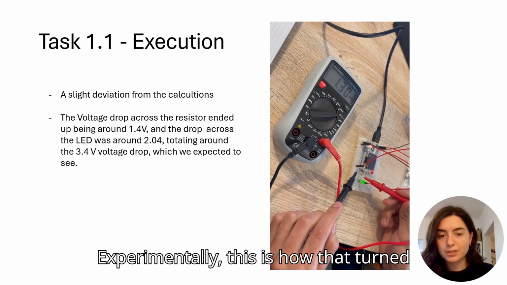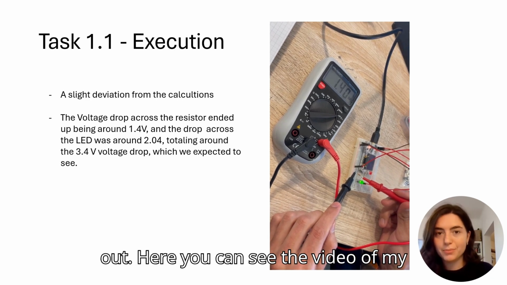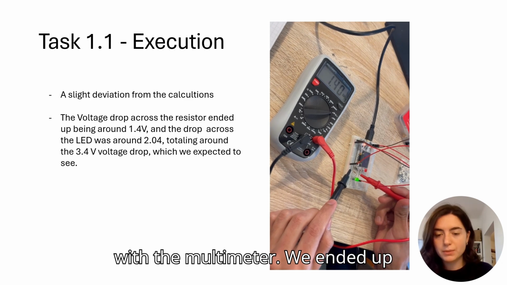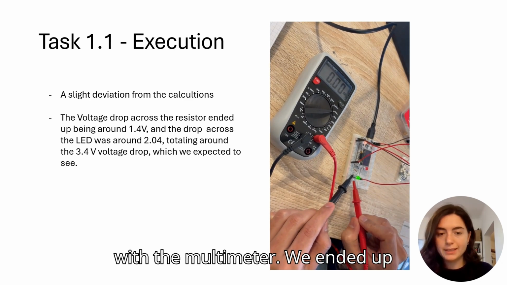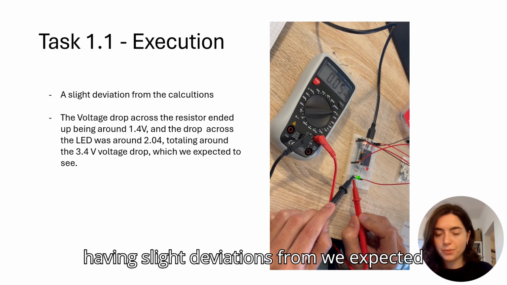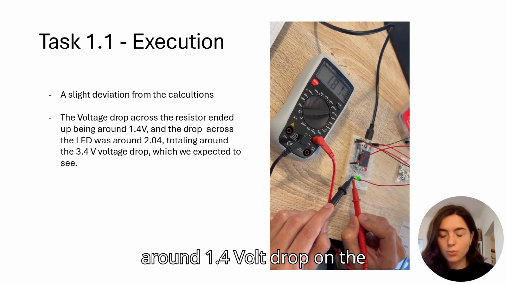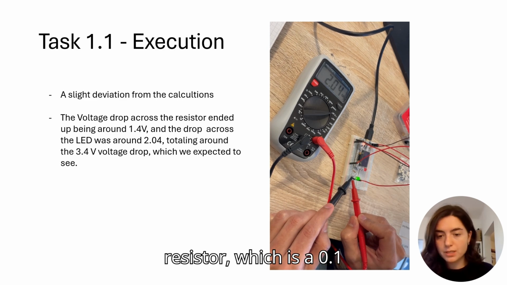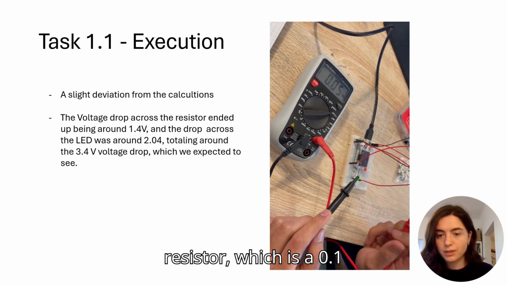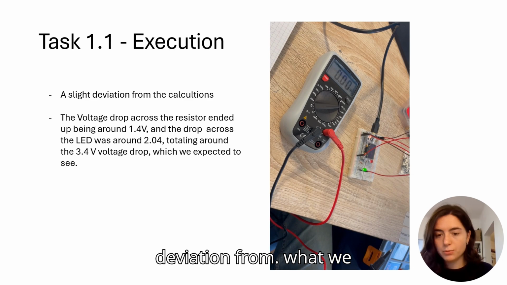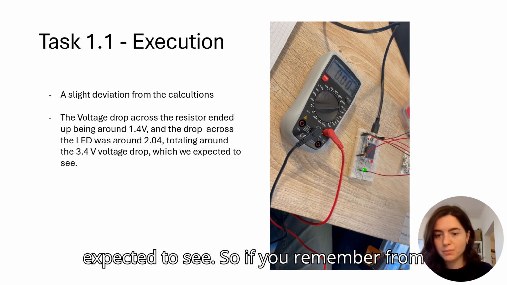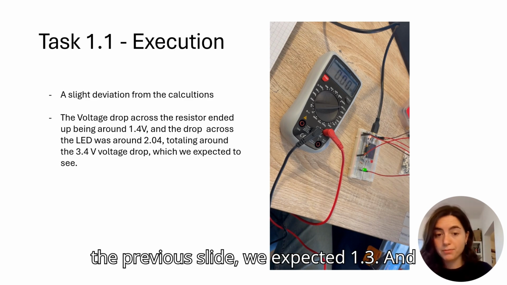Experimentally, this is how that turned out. Here you can see the video of my project partner doing the measurements with the multimeter. We ended up having slight deviations from what we expected theoretically. So we ended up having around 1.4 volt drop on the resistor, which is a 0.1 deviation from what we expected to see. If you remember from the previous slide, we expected 1.3.